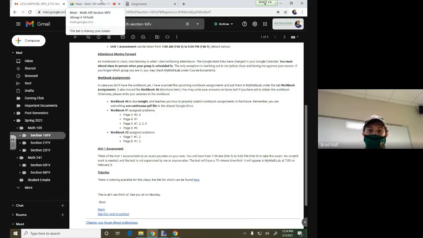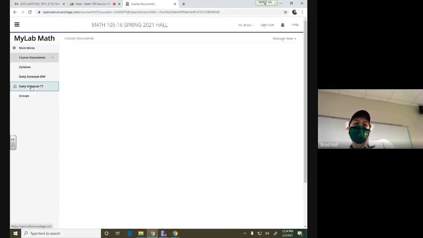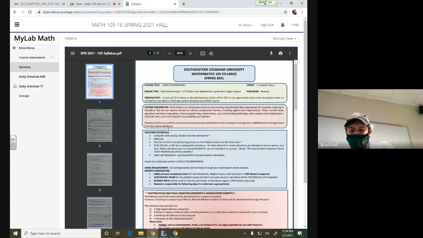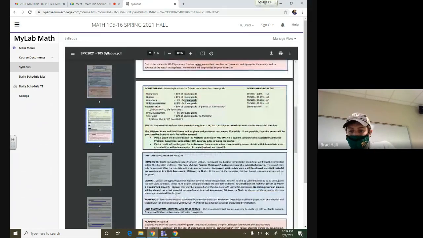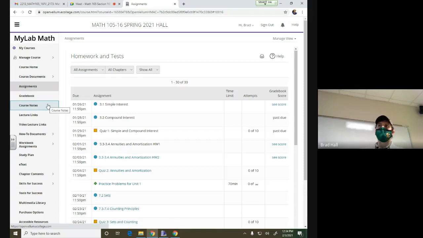So those are the details about the assessment itself. I believe the Unit 1 assessment counts as about 6% of your grade, so it has some weight to it.